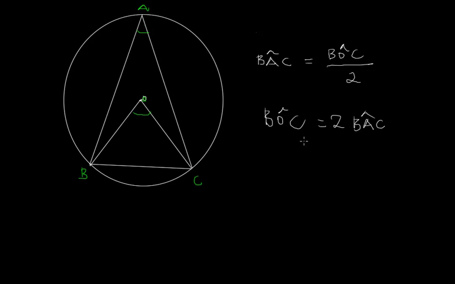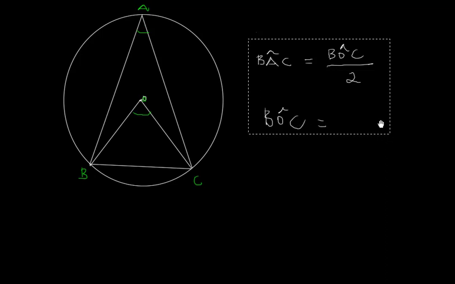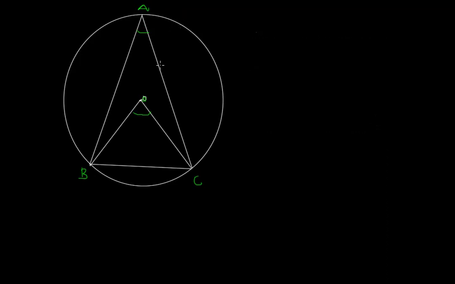Let's look at a practical example so that you can grasp the principle and the property that we're talking about. So let's say this is angle 10 degrees. Then what angle is there at the bottom? Then this is definitely 20 degrees.